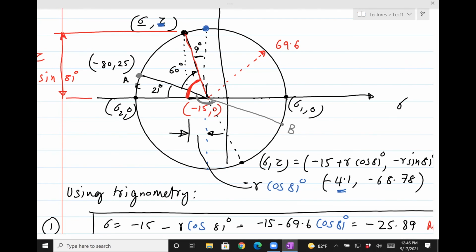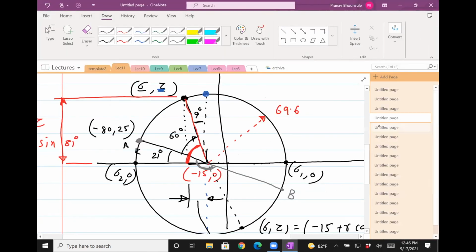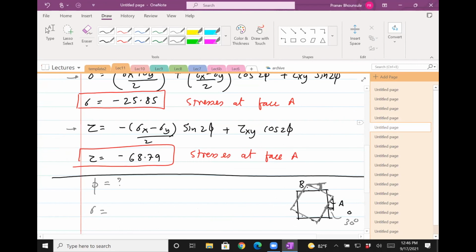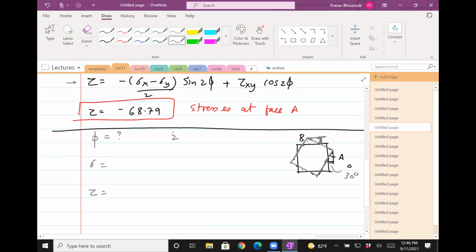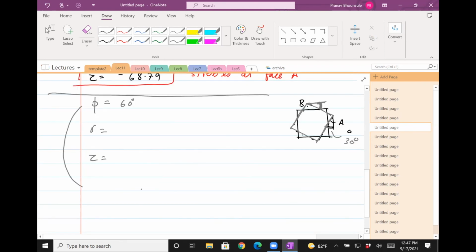And that's the reasoning. So the answer is definitely 60 degrees. And here's the explanation.